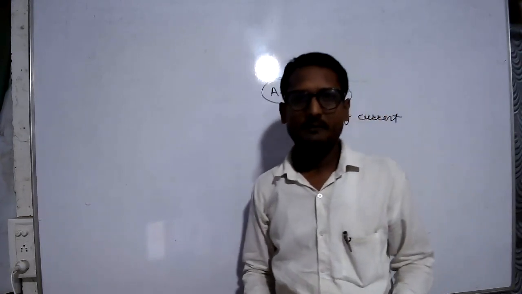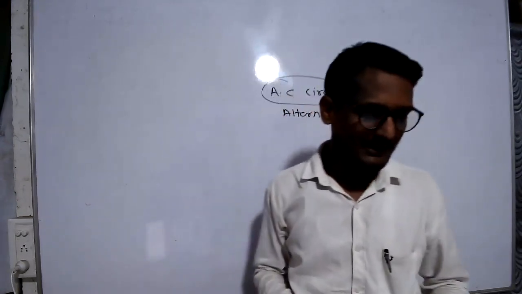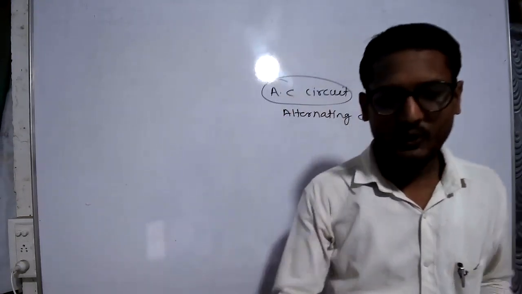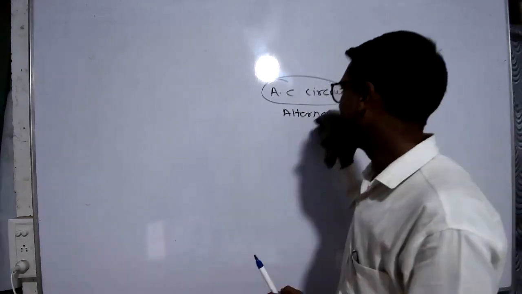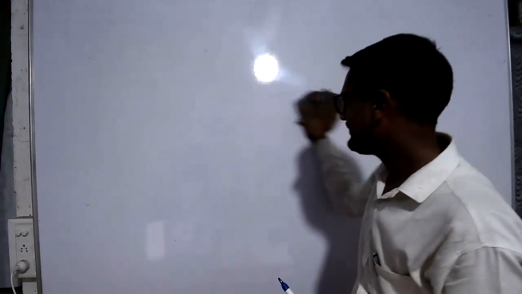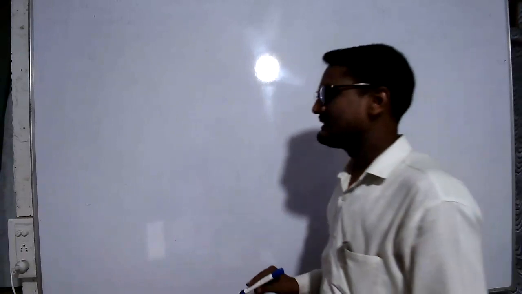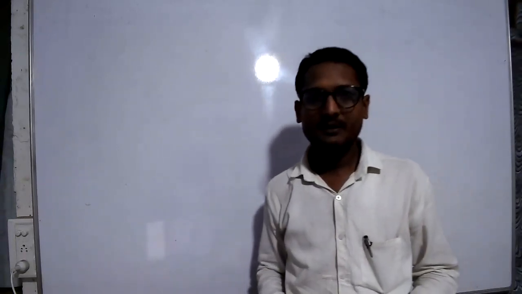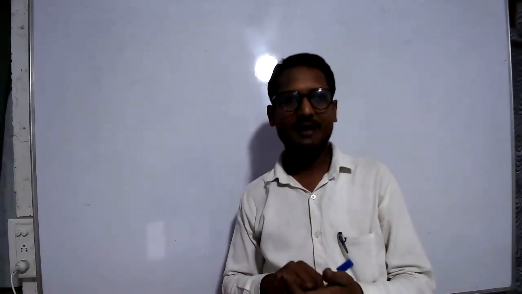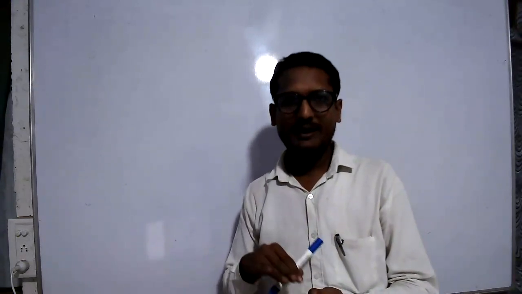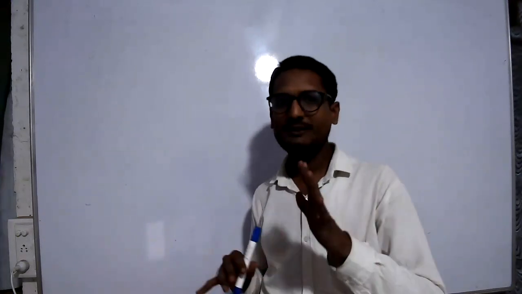Okay, there is a difference between AC current and DC current. So first of all, we discuss the difference between AC current and DC current. In case of AC current, what is AC current? The current which changes its magnitude, polarity as well as its direction is called an AC current.